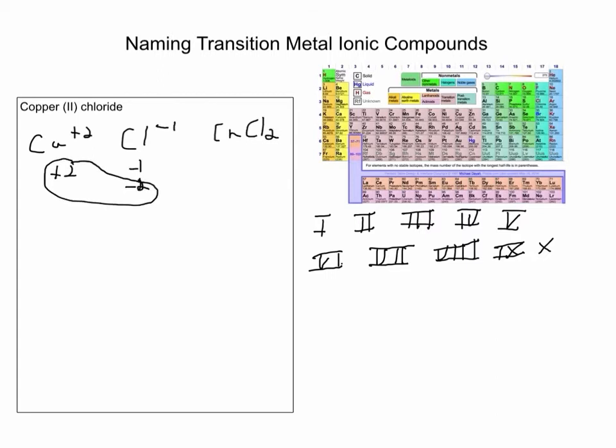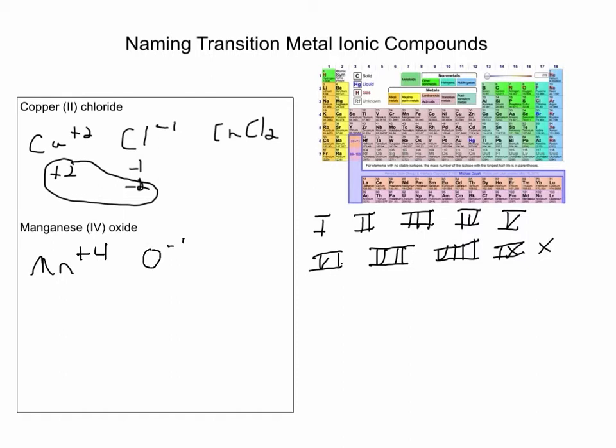Let's try another example, this time using manganese 4 oxide. We again write the ions. Our first ion is manganese, Mn, and it has, as this shows, a +4 charge. Metal charges are always positive. And then we have oxide.